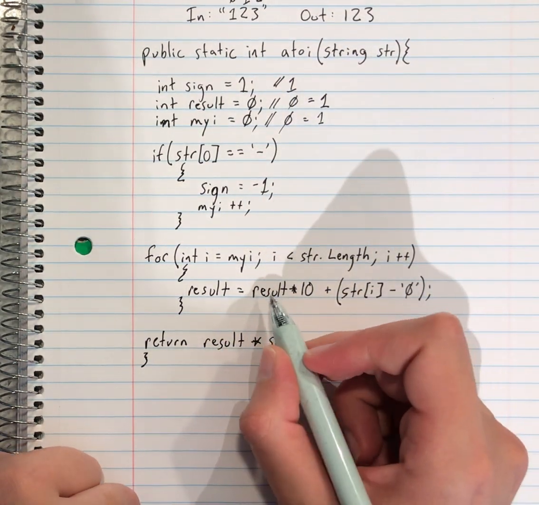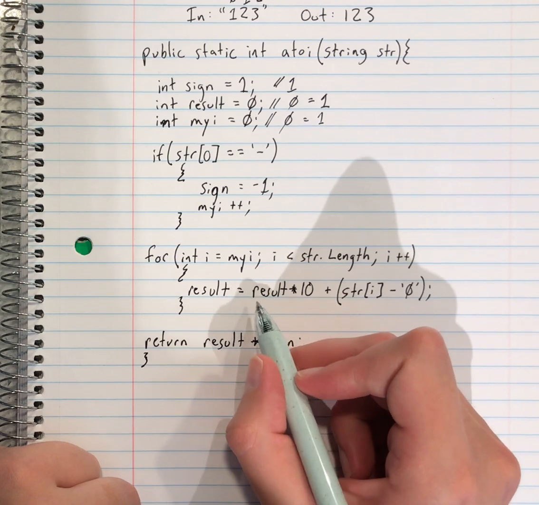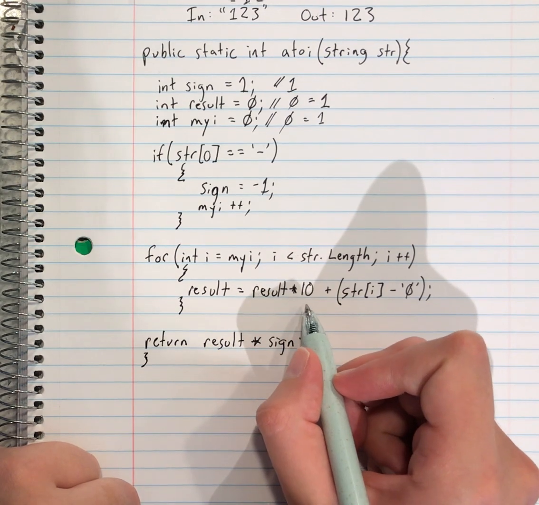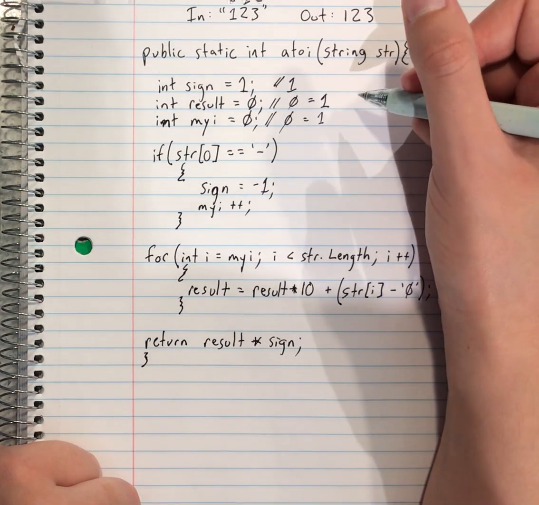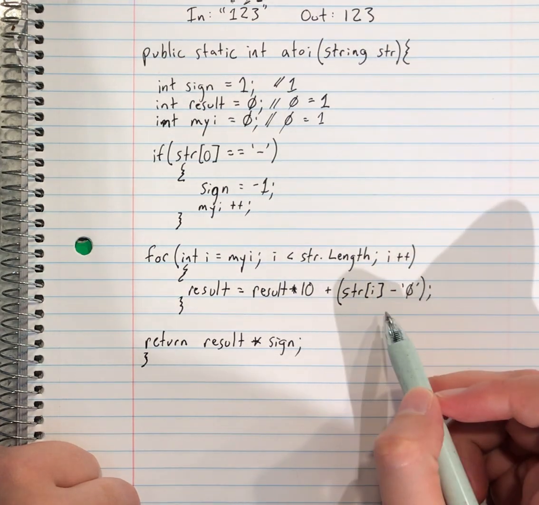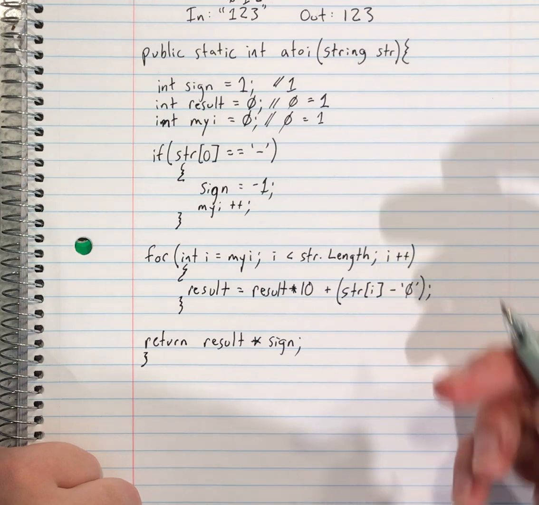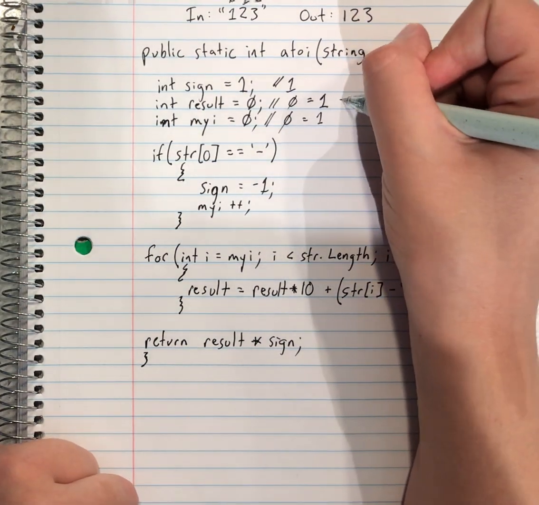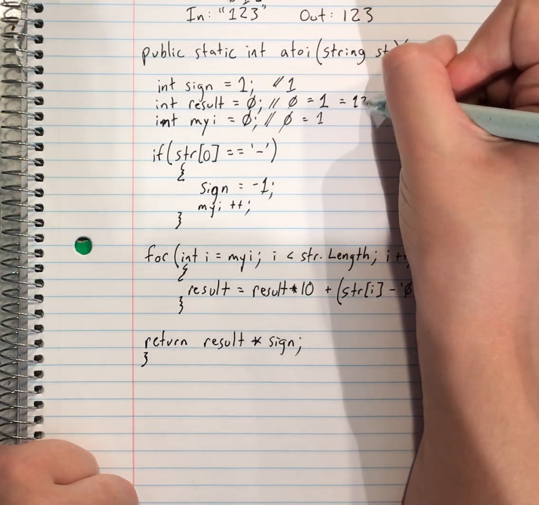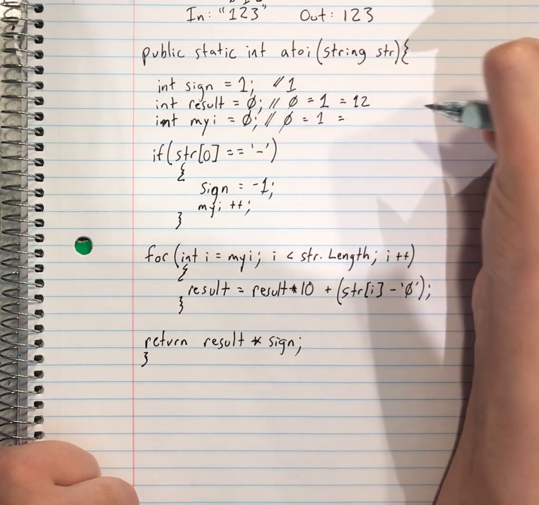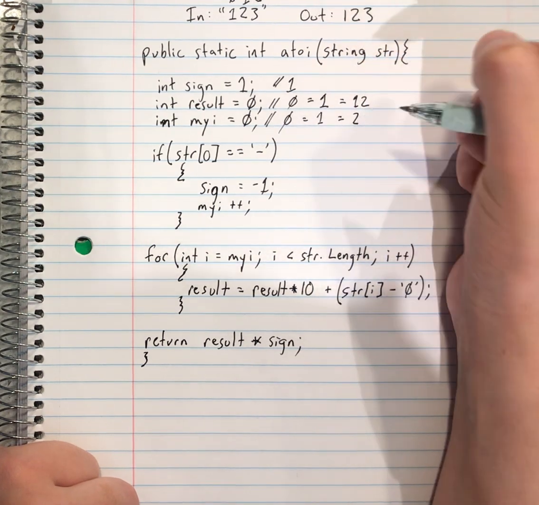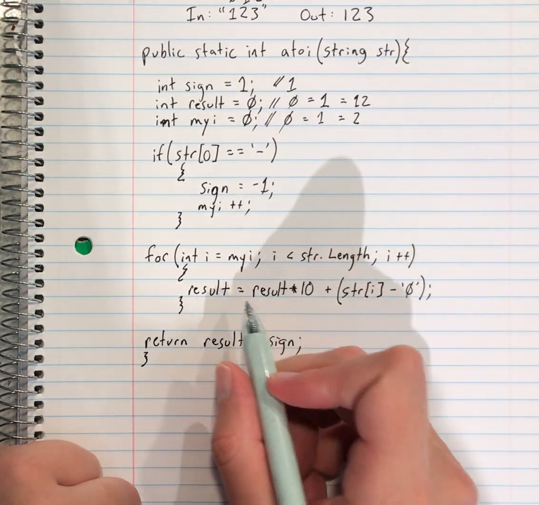Okay, moving on. myI is now 1. Result is result times 10. So result is 10 plus 2. Result is 12. Result is now 12. myI is now 2. This is the last time we'll go through this for loop.